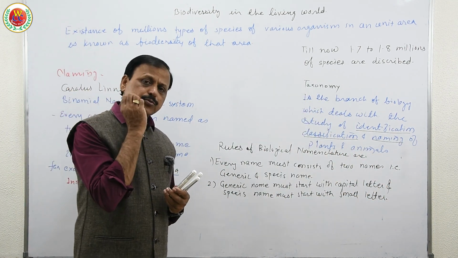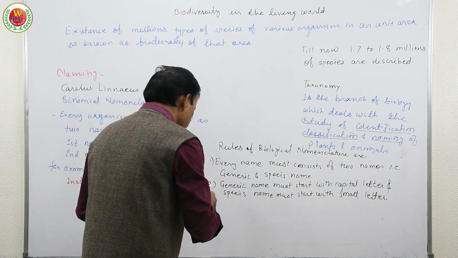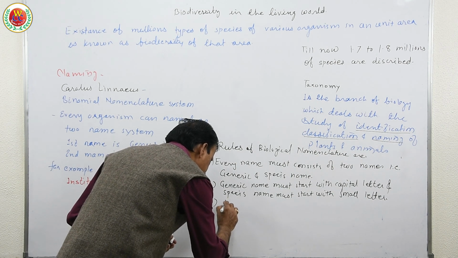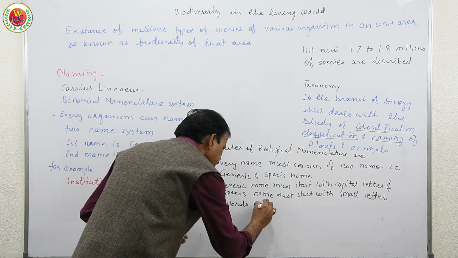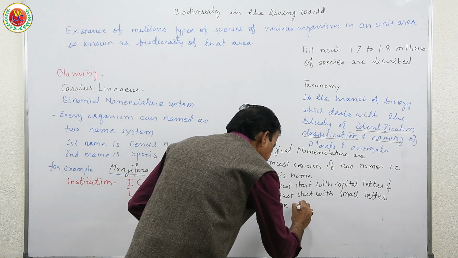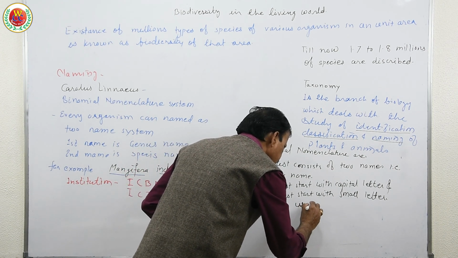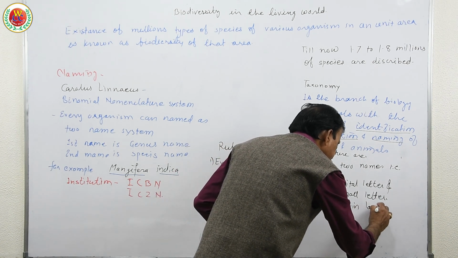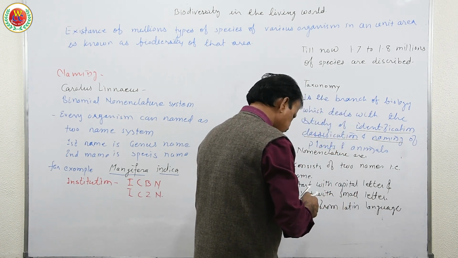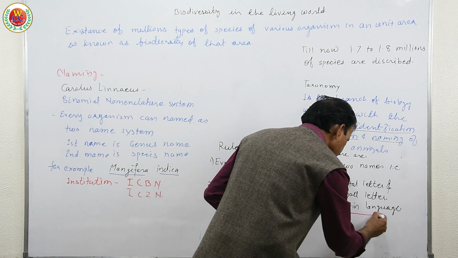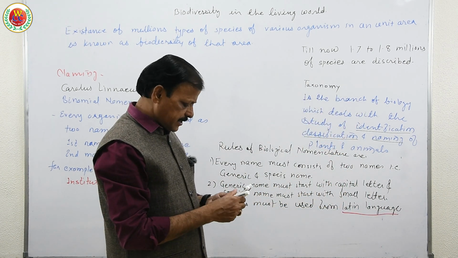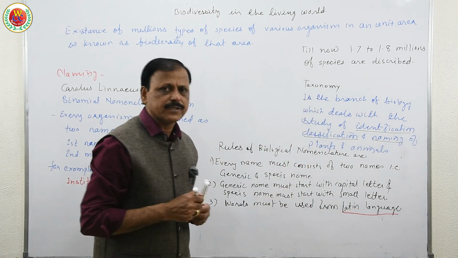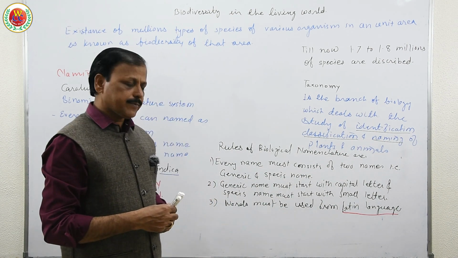Now, for the words to be chosen to name them, words must be used from the Latin language. It is decided this way since Latin is a dead language, so its words are not supposed to change. Therefore, words are chosen from Latin.